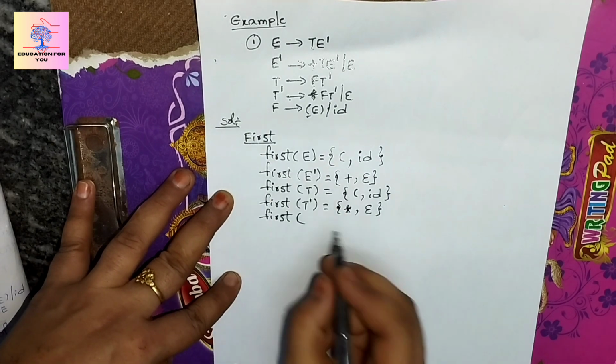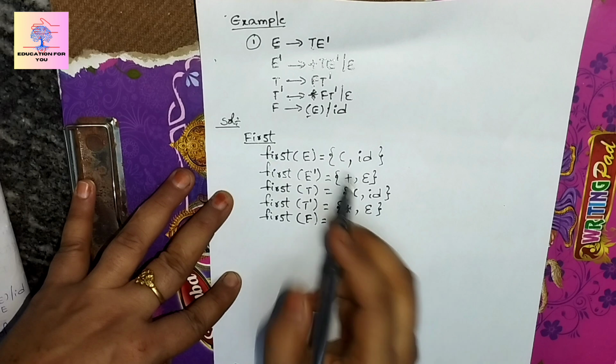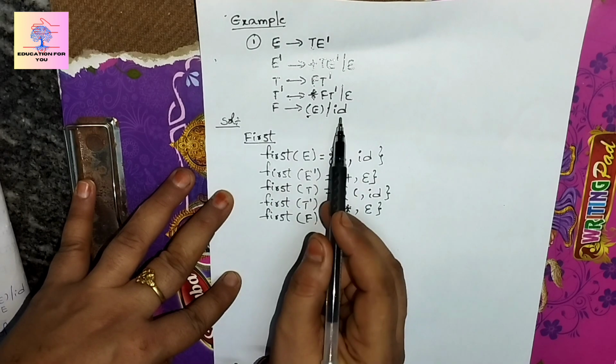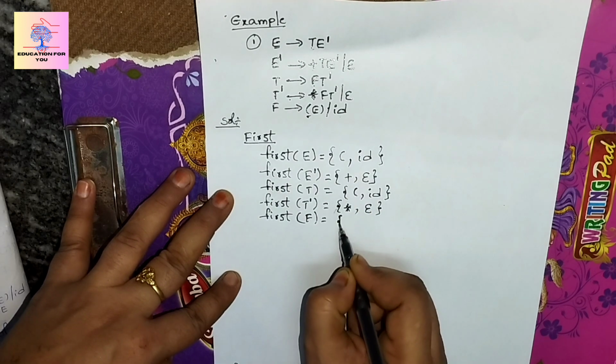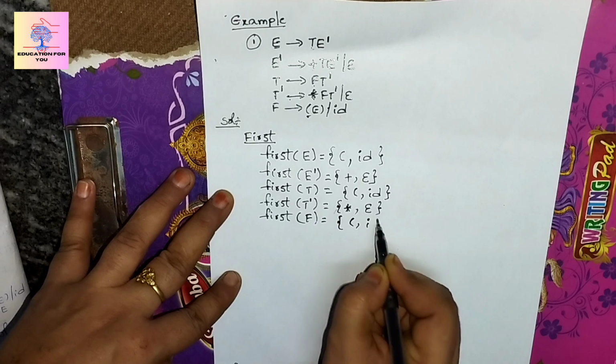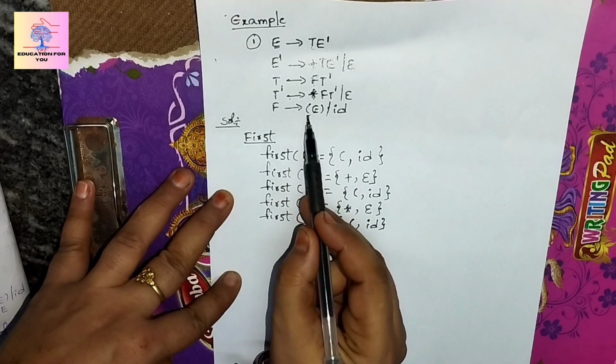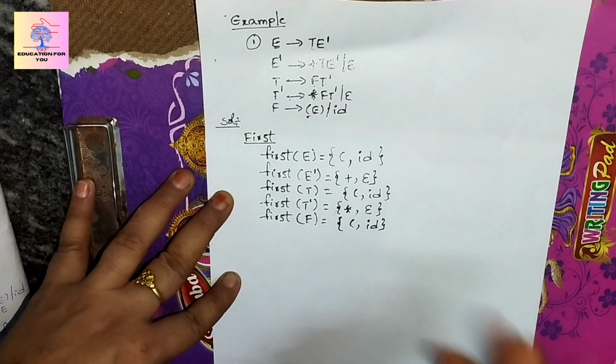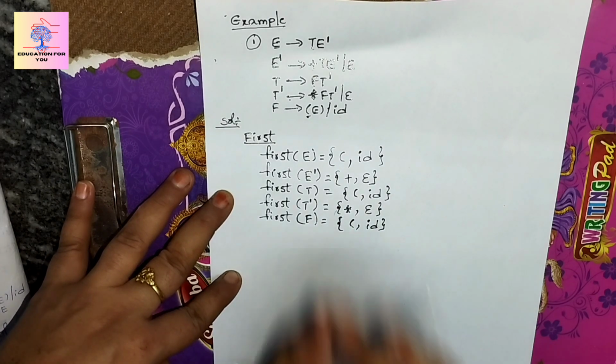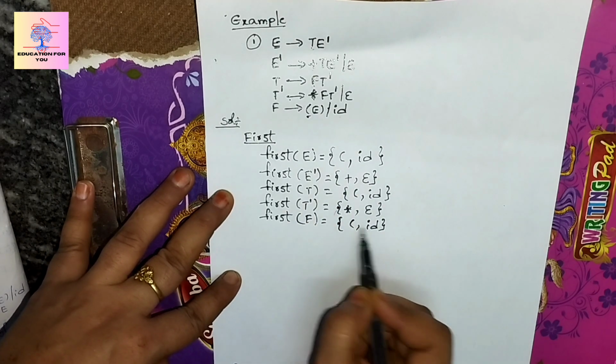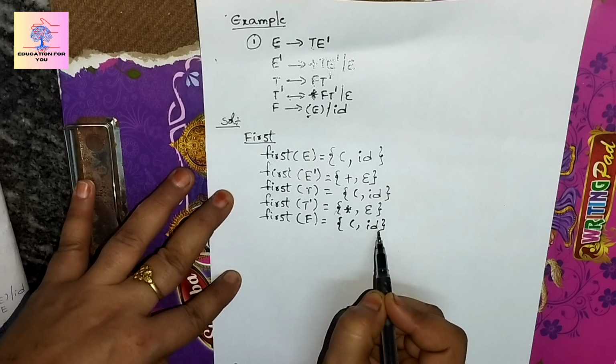Now first of F. First of F is open parenthesis comma ID. Here both open parenthesis and ID are terminals, not non-terminals. If the terminal is there, then directly the terminal can become first.